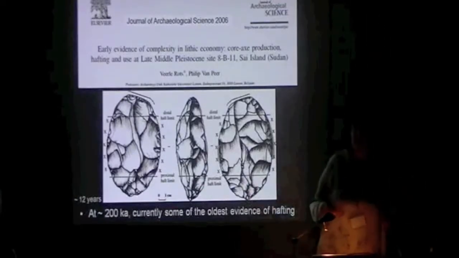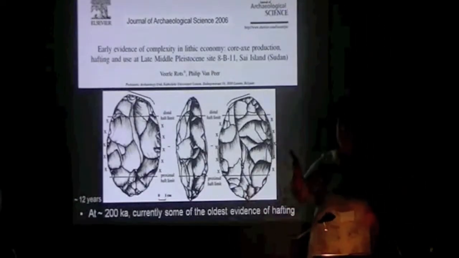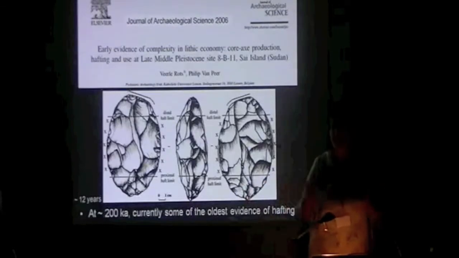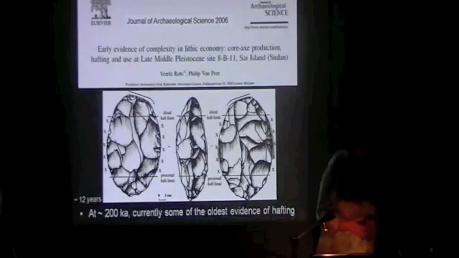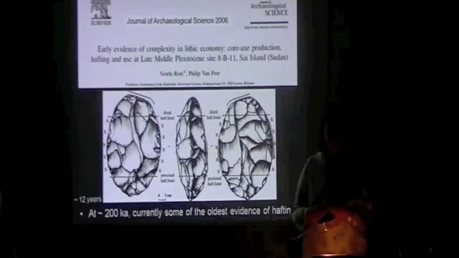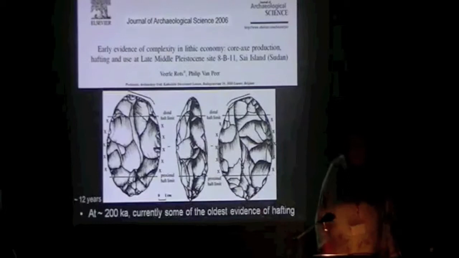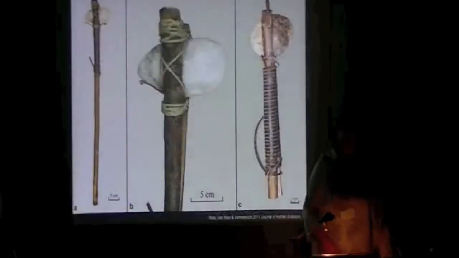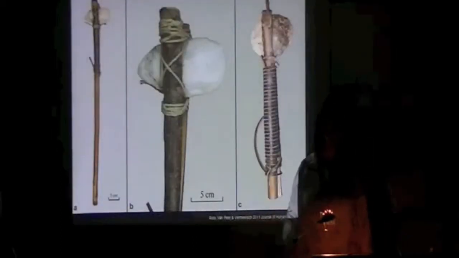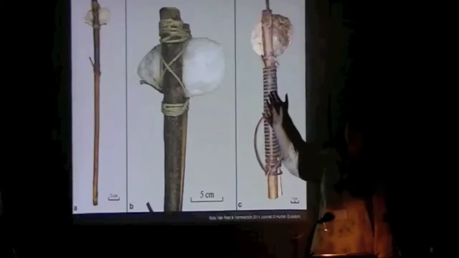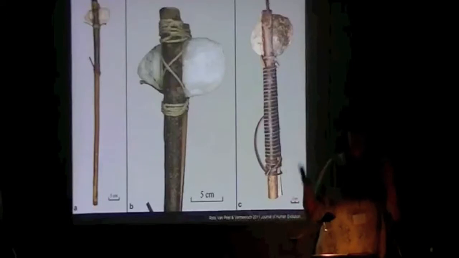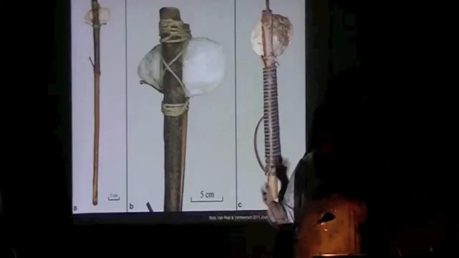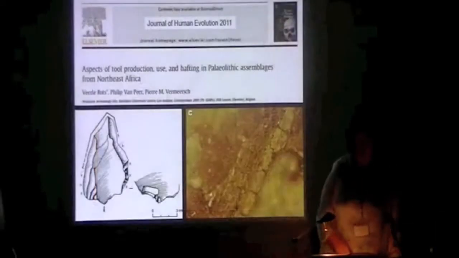The work of Fiona Rolls. She has been busy with it for at least 12 years, or I don't know, has it been longer? I think at least 12 years Fiona has been busy with this. She's producing some of the oldest direct evidence for hafting. And her work is especially exemplary because she continues to make the experimental work and cross-refer to experimental work and what she sees on the archaeological tools.